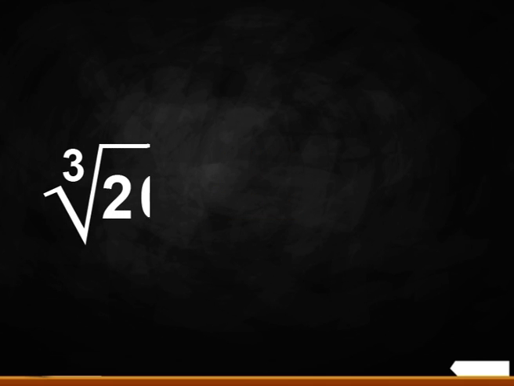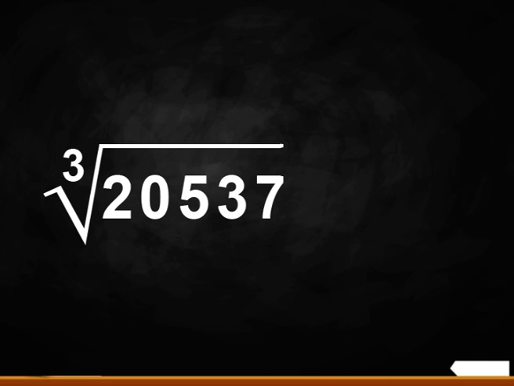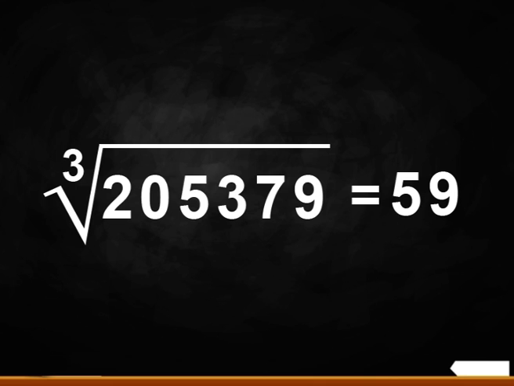We have already got our answer for the right hand part, which is 9, and now we have got the left part of the answer, which is 5. Therefore, our final answer is 59. The cube root of 205,379 is 59.